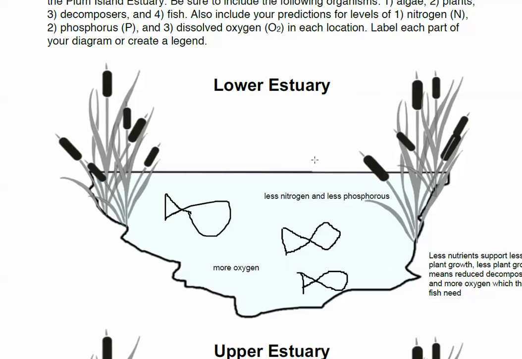So I didn't draw any extra plants and algae here. With low amounts of primary producers, there's not going to be a lot of decomposition. And we know that that's a process that draws down oxygen. So without a lot of decomposition, we would have more oxygen. And that's going to support oxygen demanding animals like fish. So I drew more fish in this picture.